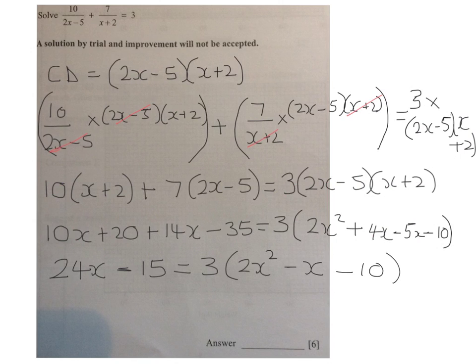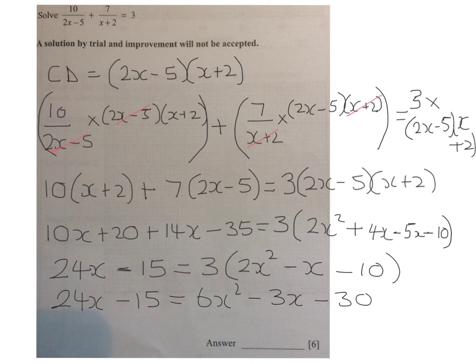We then multiply out our brackets and we're ready to finish. So we've got 24x minus 15 on the left, we've got 6x squared minus 3x minus 30.